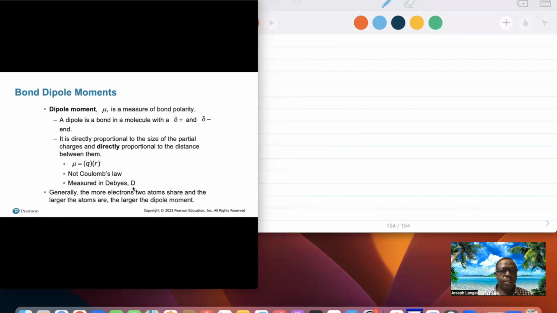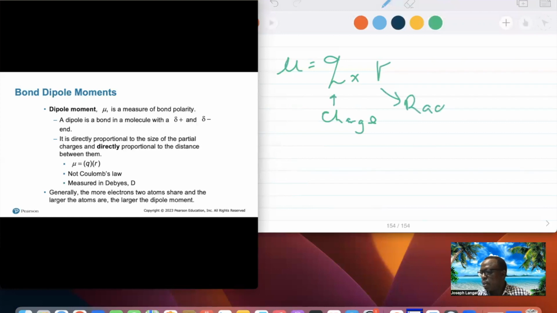Dipole moment equals Q, the charge, times R, the radius in meters.